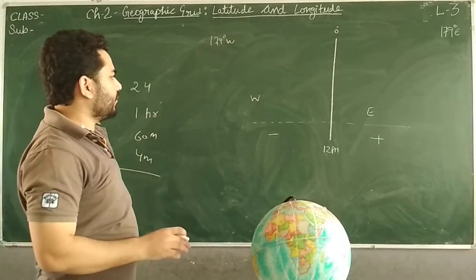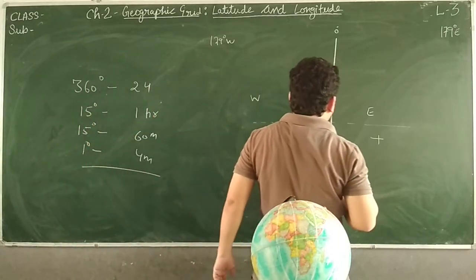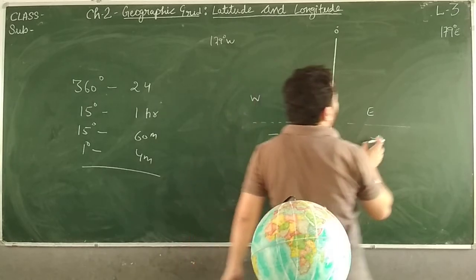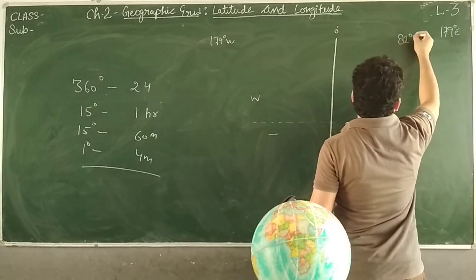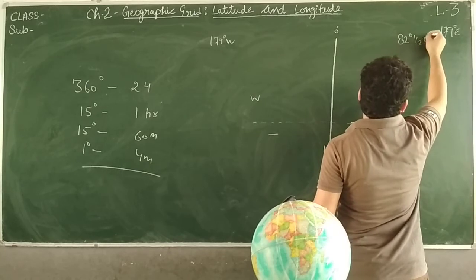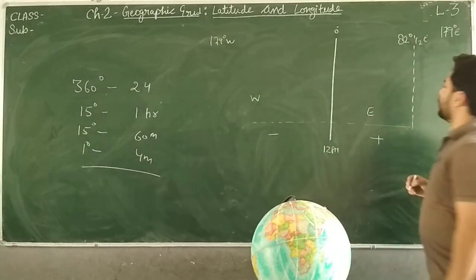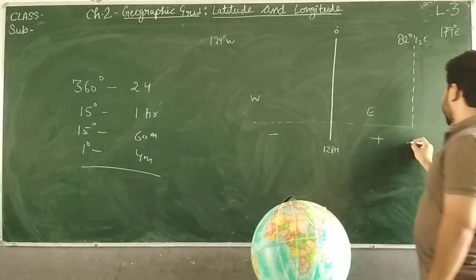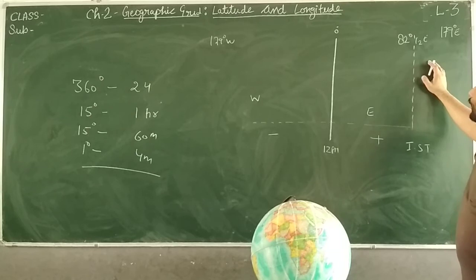Okay, at the last time. Here what I am trying to say is that, if our country India is at 82 and a half degrees east, this is the line of India, suppose this is IST, Indian Standard Time. This is a line which is passing through the center of India.